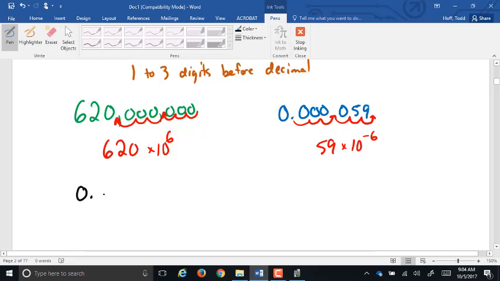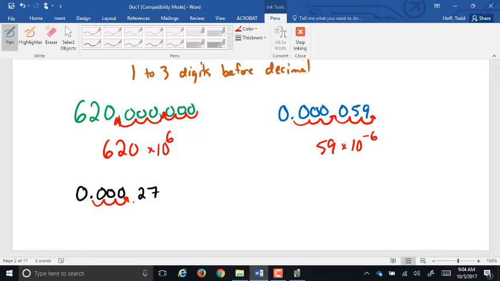The really tricky ones might look like this. I move my decimal point 1, 2, 3 spots. Can I go 3 more? Again, it looks like there's not enough digits there, but right now there's no non-zero digits in front of the decimal point. So I have to go 3 more. So 4, 5, 6. I've got to add a 0 there.